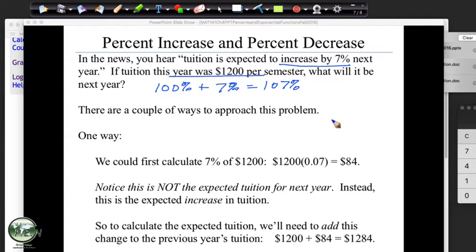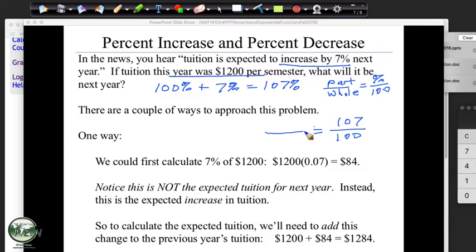So what that gives us is the percentage, right? I said part over whole equals percent over 100. And this is where it kind of helps out. So we're going to use 107% over 100.